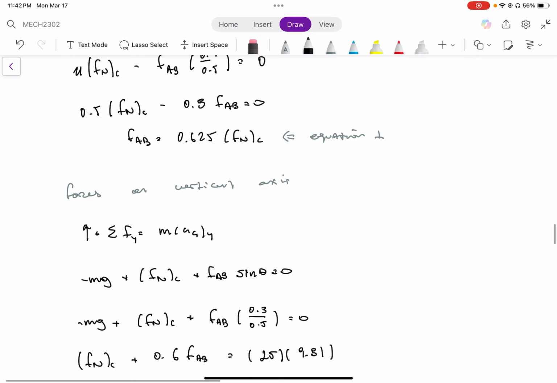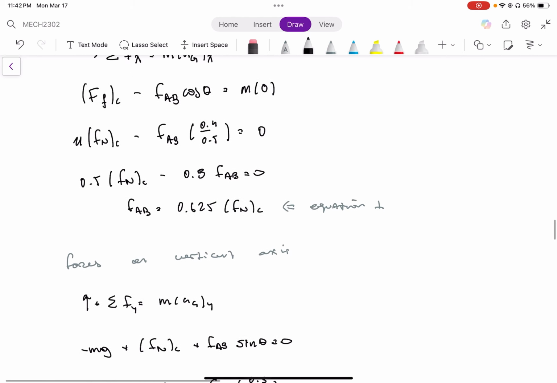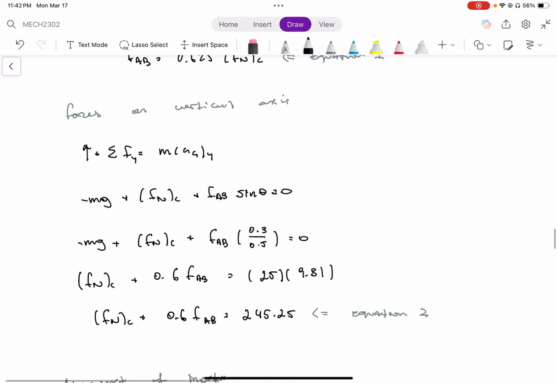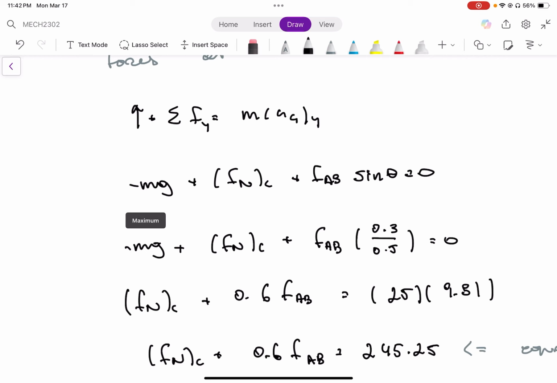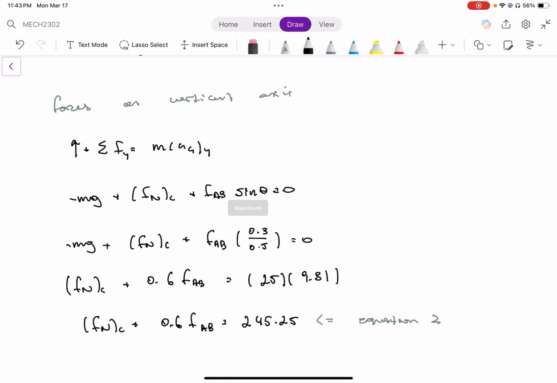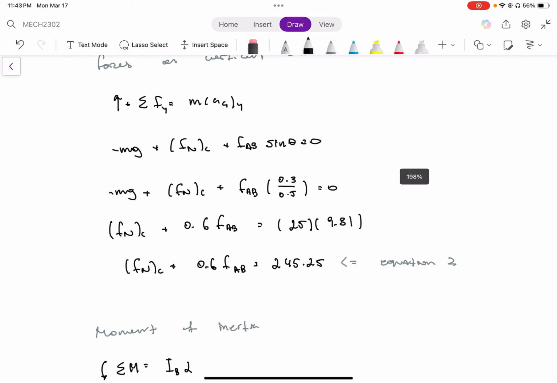Forces on the vertical axis: again, Fy equals ma, but the acceleration is in the y direction, and the acceleration is zero. We have mg, which is the negative force of gravity, the normal force at C, and then FAB sine theta, because this is in the y direction, as per the triangle.